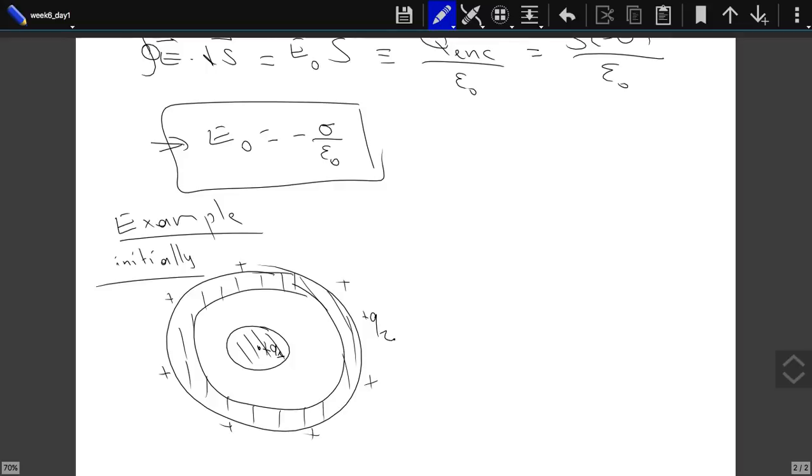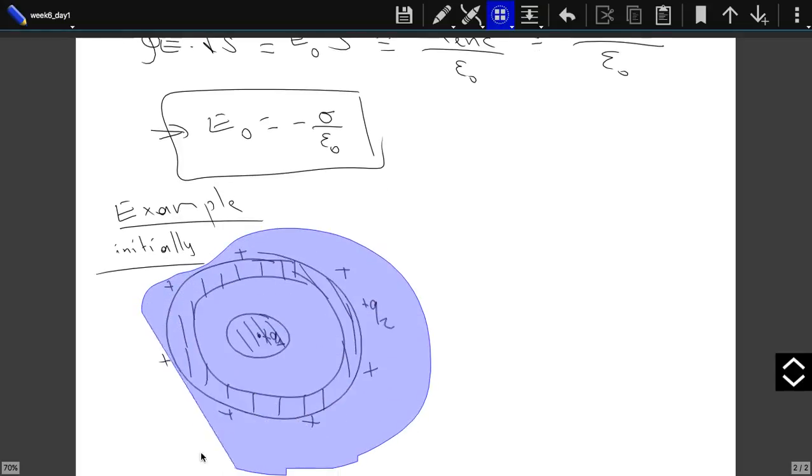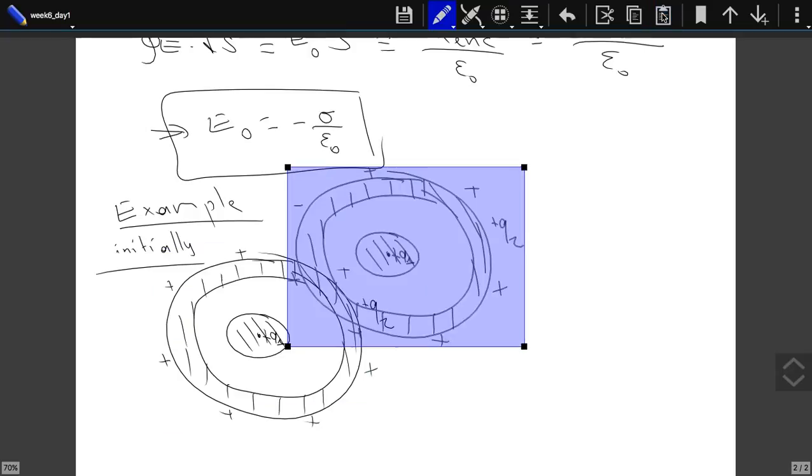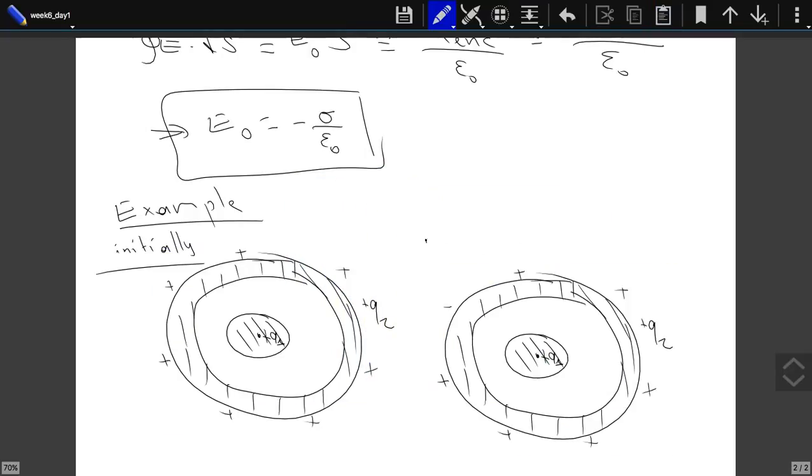Now, if it is a conductor, what will happen is this charge Q1 will just distribute itself over the surface uniformly. So if it's an insulator, after static configuration is reached, the electric field created by this one will be just a point charge over here and a spherical uniformly charged shell over here.